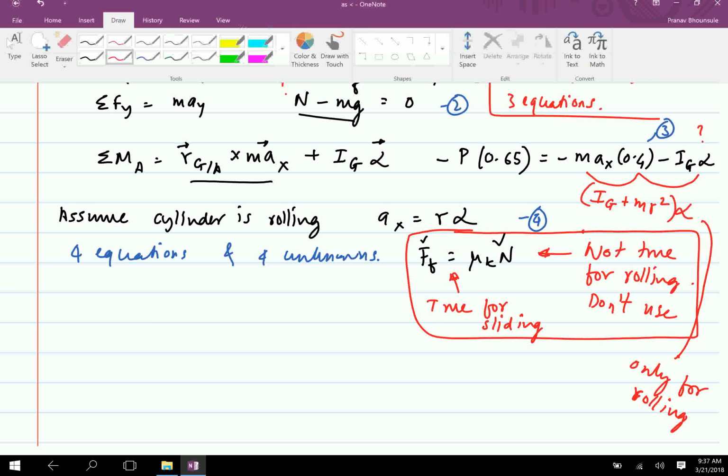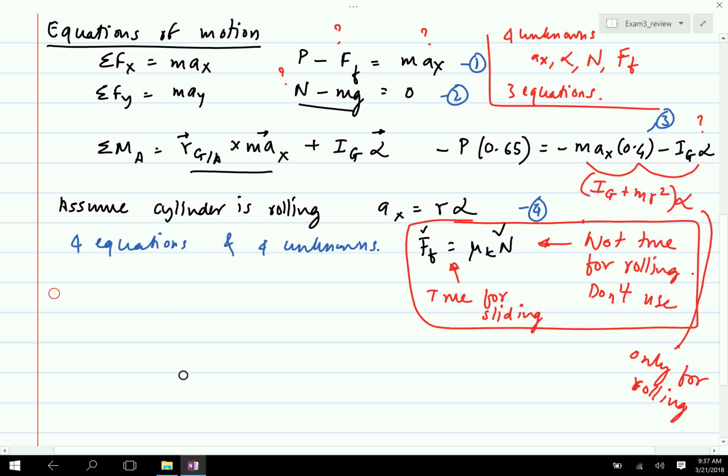Okay, now let's try to solve for them. I'm just going to write the answers from the book. Alpha is 1.3 radians per second square. AX is 0.52 meters per second square.